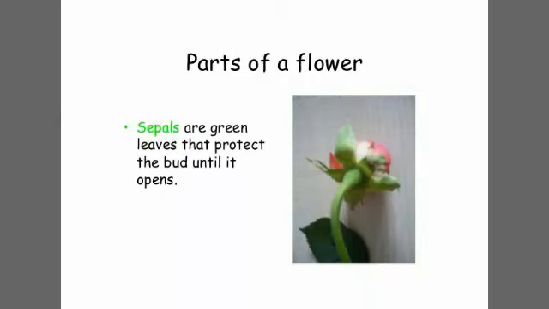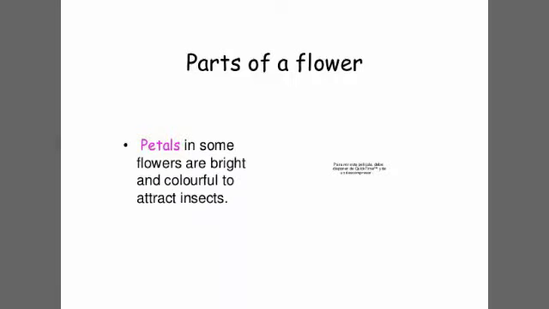You can see in this picture, sepals are green leaves that protect the bud until it opens. This is the main function. It also helps in photosynthesis because it is green and contains chloroplast, so it makes food for other parts of the flower. What is the petal? Petals in some flowers are bright and colorful to attract insects.